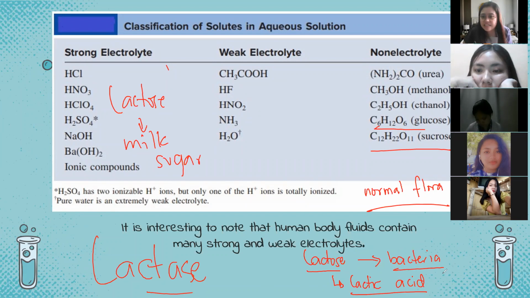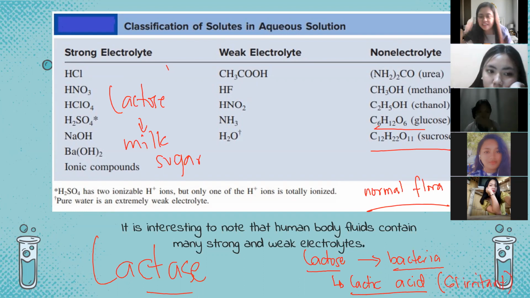And this lactic acid, what's the correct term for this? GI irritant. Okay, this is the correct term. This lactic acid produced by the action of bacteria on lactose is a gastrointestinal irritant. It will irritate your stomach, first causing pain. It's actually a response of the body that when there is an irritant inside, the peristalsis speeds up.